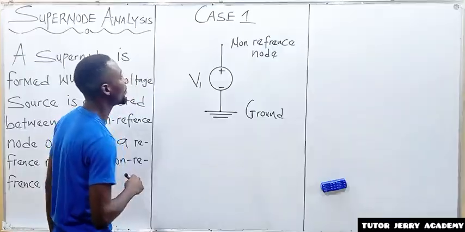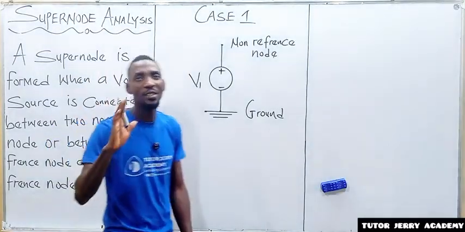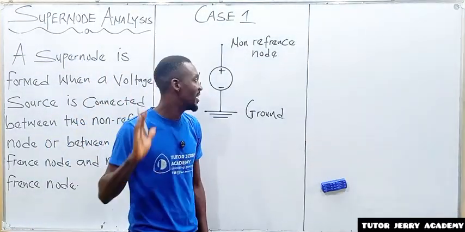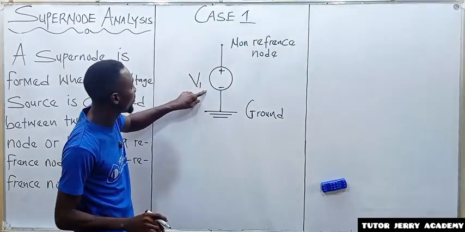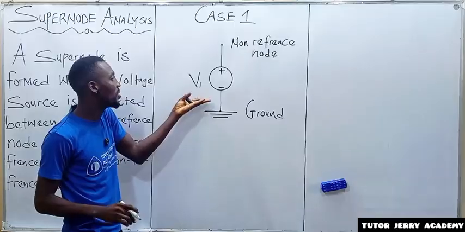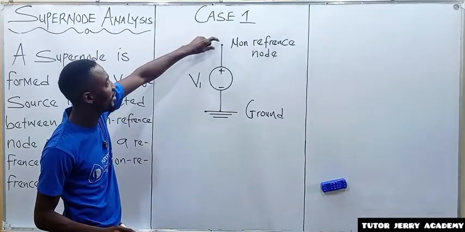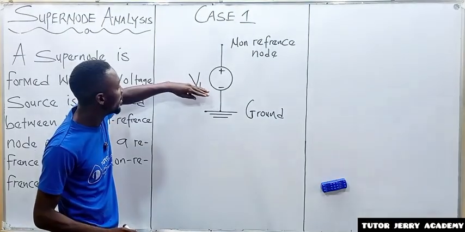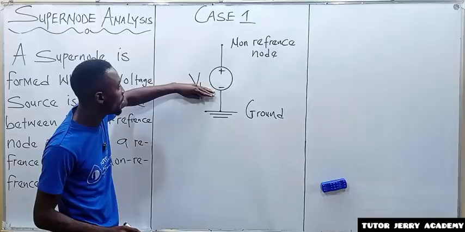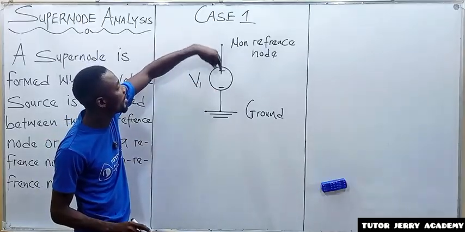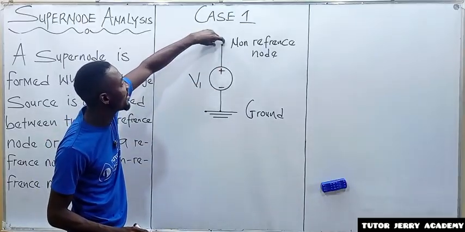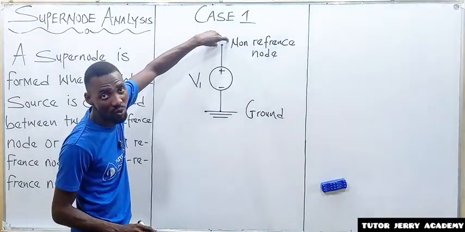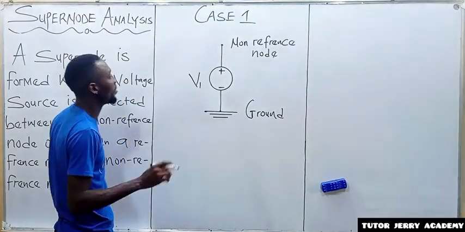Now what you should take note of here is that the voltage source will be the same as the voltage at the non-reference node. Like if the voltage source is 10 volts, this place will also be 10 volts.